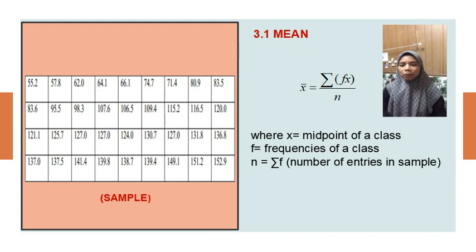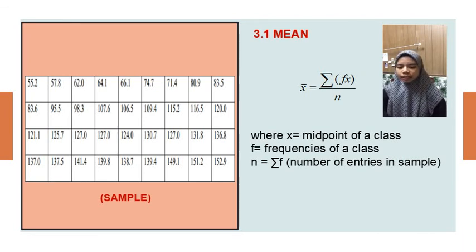In this slide, we provide the sample of data. The second one is 3.1, which is mean. Mean is the sum of the data entries divided by the number of entries.